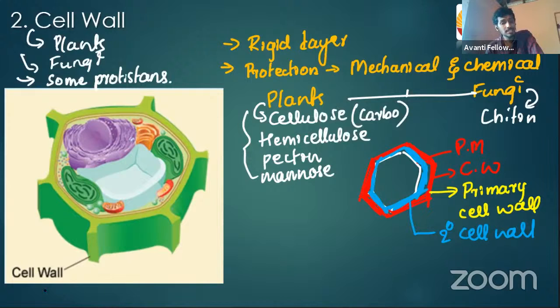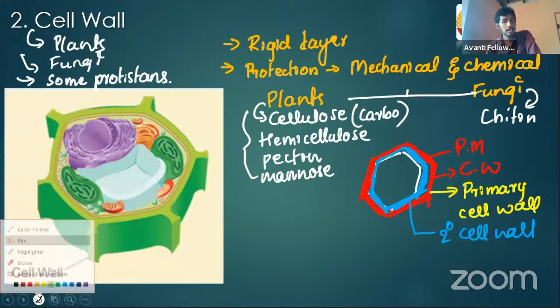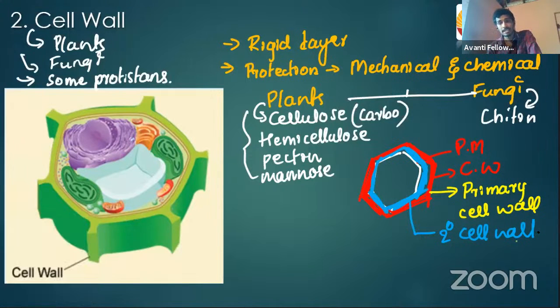The secondary cell wall is different from the primary cell wall. The primary cell wall normally contains more hemicellulose, cellulose, and pectin. The secondary cell wall contains cellulose but less hemicellulose and more lignin. Lignin is stronger than cellulose. Why use another compound?